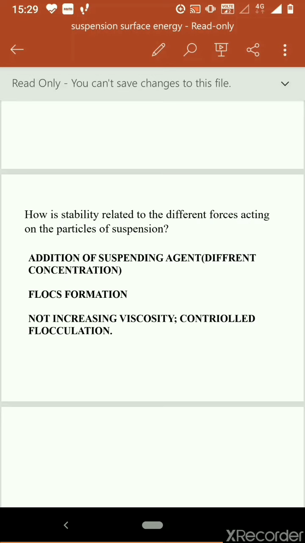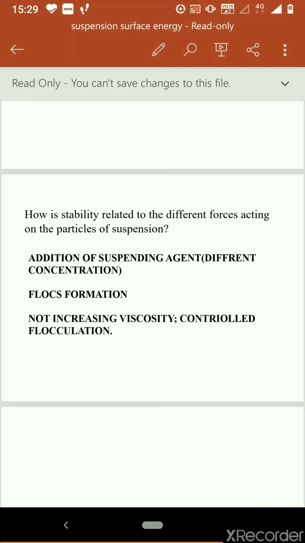Another important criterion that must be considered while formulating any suspension is surface free energy. The surface free energy is calculated through contact angle measurements, and the water contact angle measurement alone gives the indication of the wetting of a solid, but surface free energy is the quantitative measure of the intermolecular forces at the surface, which is independent of the liquid used.